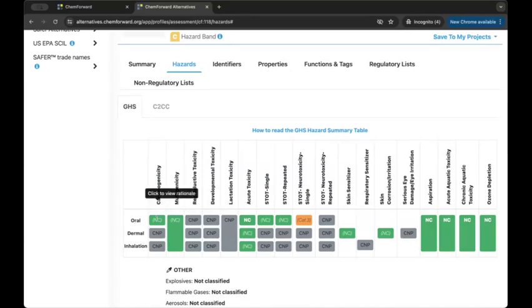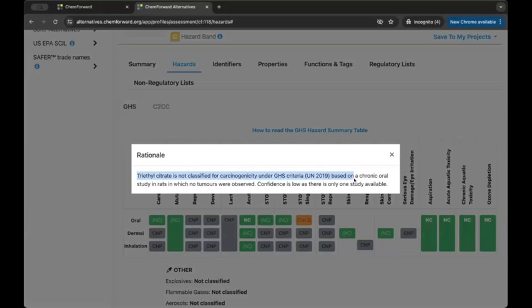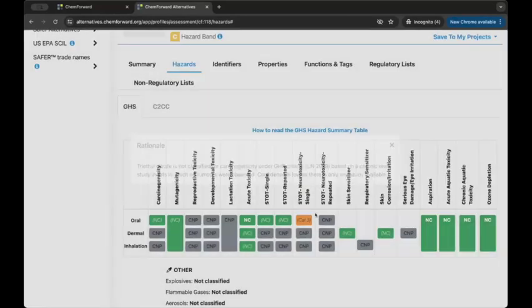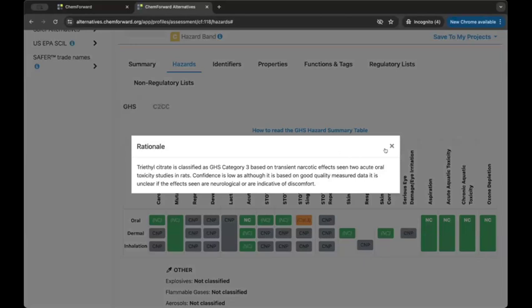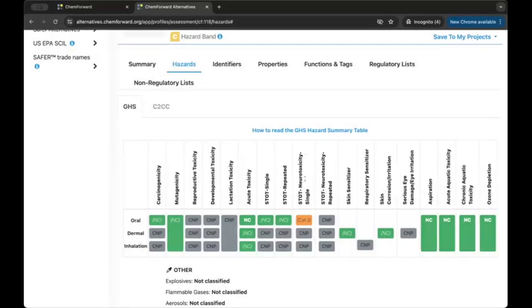So not classified, meaning that there's no data, confidence is low because there's only one study available, but this does align with their not classified criteria. Category 3 for STOT neurotoxicity, single exposure means that it meets the criteria in the GHS document.